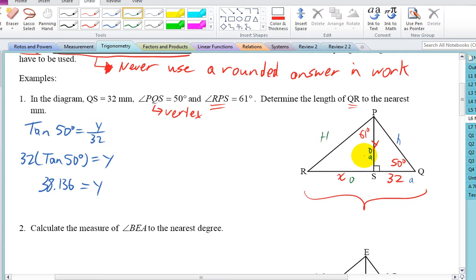Notice on your other triangle here, I have y, which is the side I want to find, in red. O is the HOA for the right triangle, and the green A is the HOA for the left triangle. So new angles, new HOAs. We've switched O and A there. So using tangent, find X.